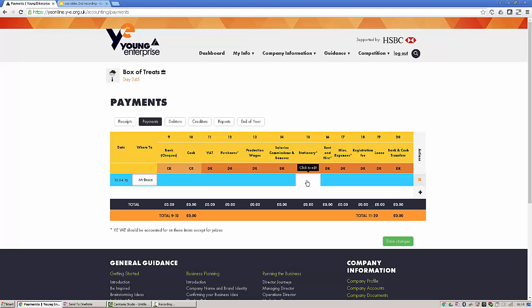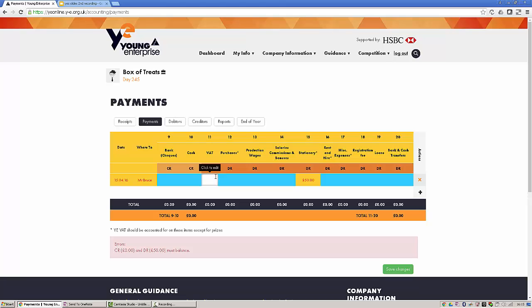And let's just say my stationery came to £50. So I'm going to record the stationery of £50, but I need to remember it's going to be £50 plus VAT. So I need to record the additional amount for the VAT, and as we'll find out later, I'll be able to claim this back. So the VAT of 20% here would be £10, and that means that I'm going to have to pay over to Mr. Bruce the £60.